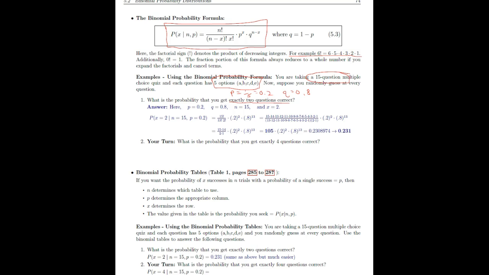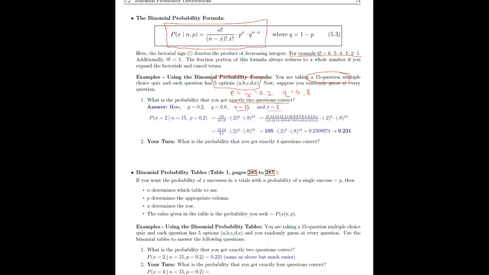Well, what's n minus x? n minus x is 15 minus 2, which is 13. So 13 factorial times 2 factorial, and then you're going to multiply that by p to the x power times q to the n minus x power.